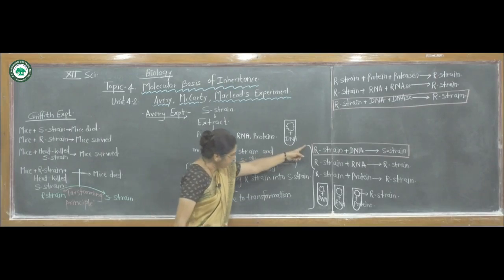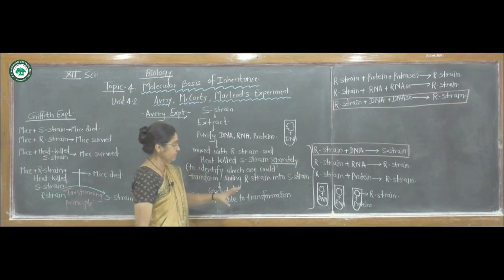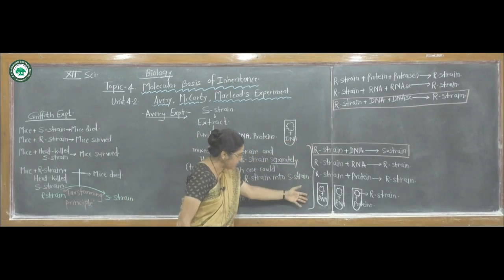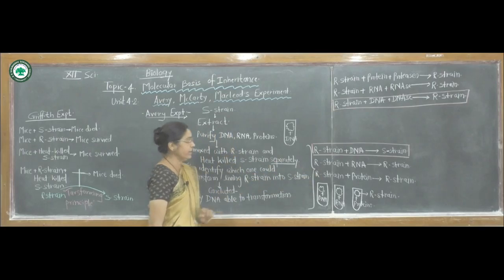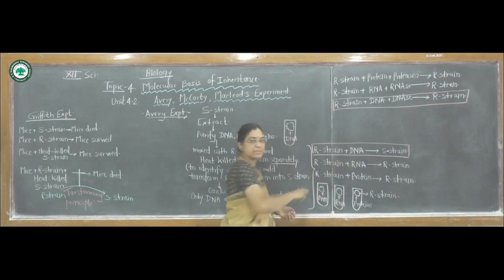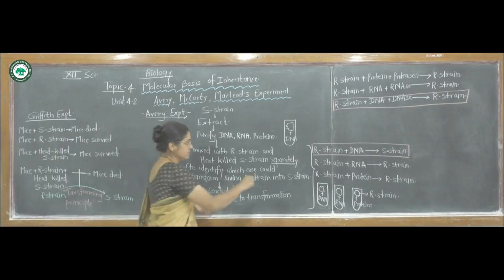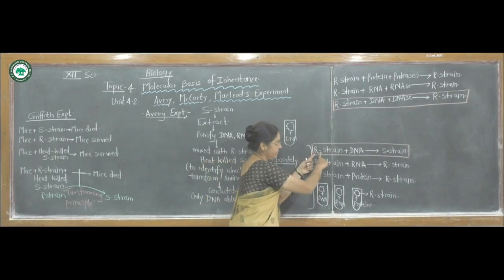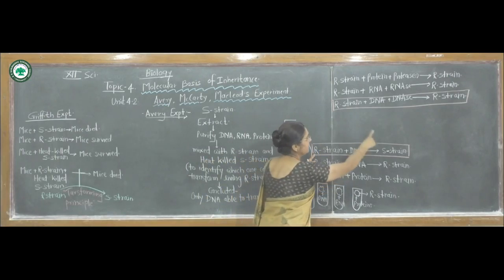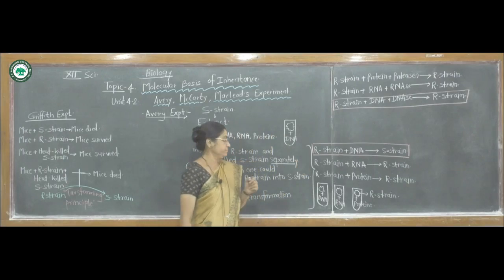So according to the Avery experiment, after carrying out the different steps, he finally concluded that only DNA is the substance or material which converts the R strain bacteria into the S strain bacteria.